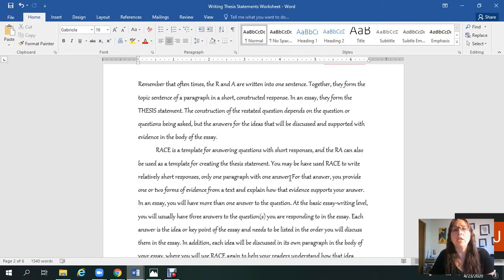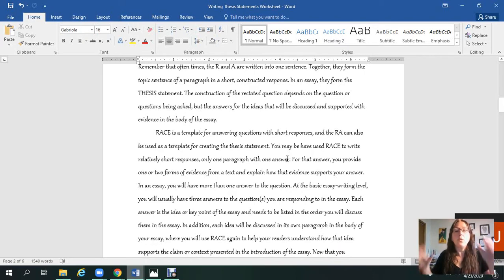The construction of the restated question depends on the question or questions being asked, but the answers form the ideas that will be discussed and are supported with evidence in the body of the essay. So RACE is a template for answering questions with short responses, which we just explained, and the RA can also be used as a template for creating the thesis statement.